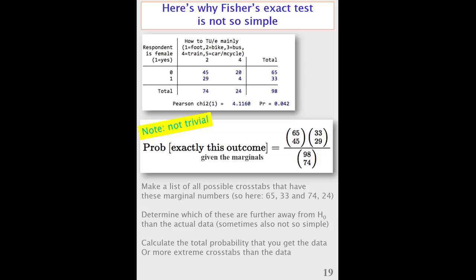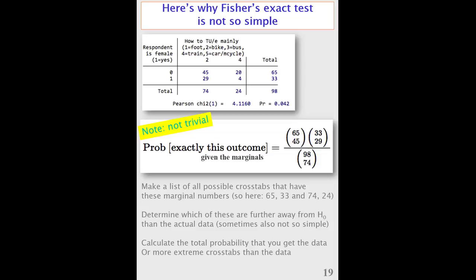That would work. The 0 there would mean a 33 over there, the 33 over there would be the 41 over there, and the 41 over there would be a 24 over there. That's one other set of frequencies in these 4 cells that would also add up to the same marginals and is different from the one that we have. Okay, now let's see.